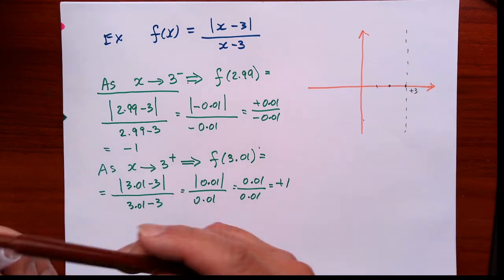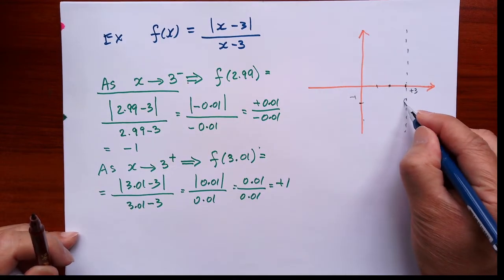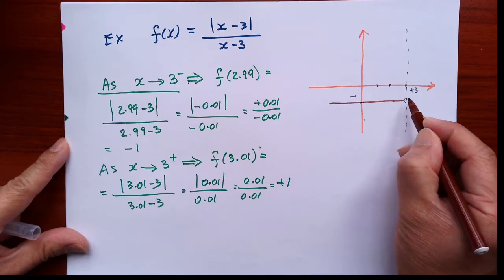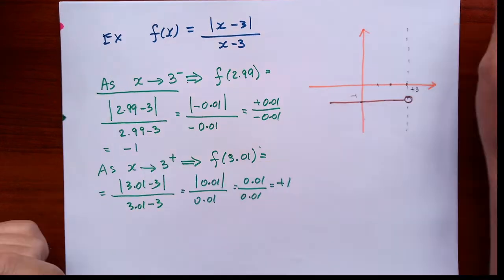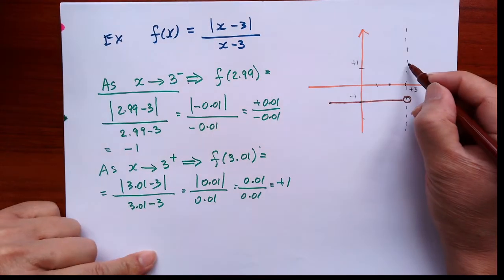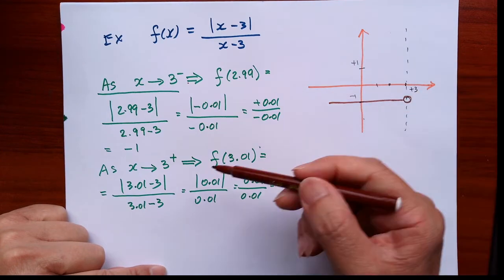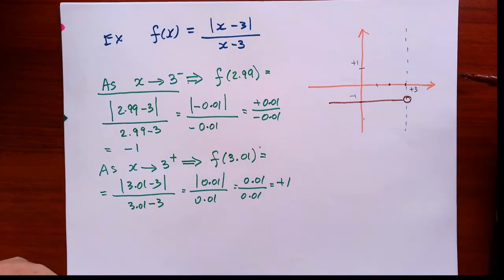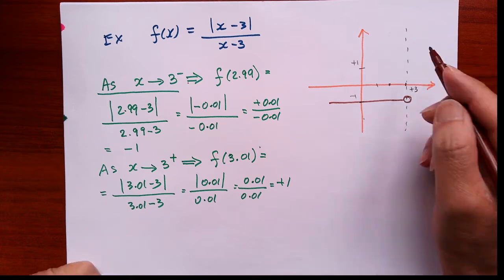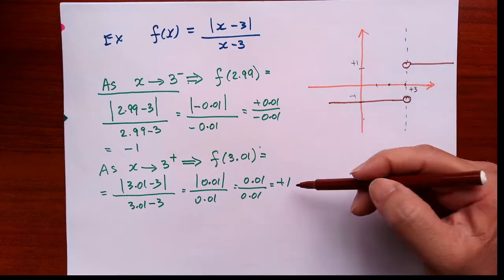The function approaches minus 1, which is right here, but it never gets to minus 1. As x comes in from above, that means x approaches plus 3 from above, the function approaches plus 1, but never touches plus 1.